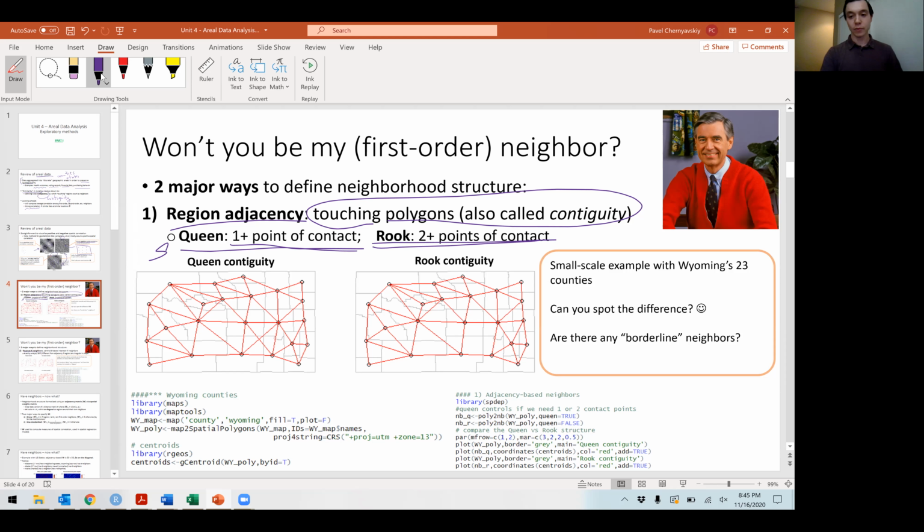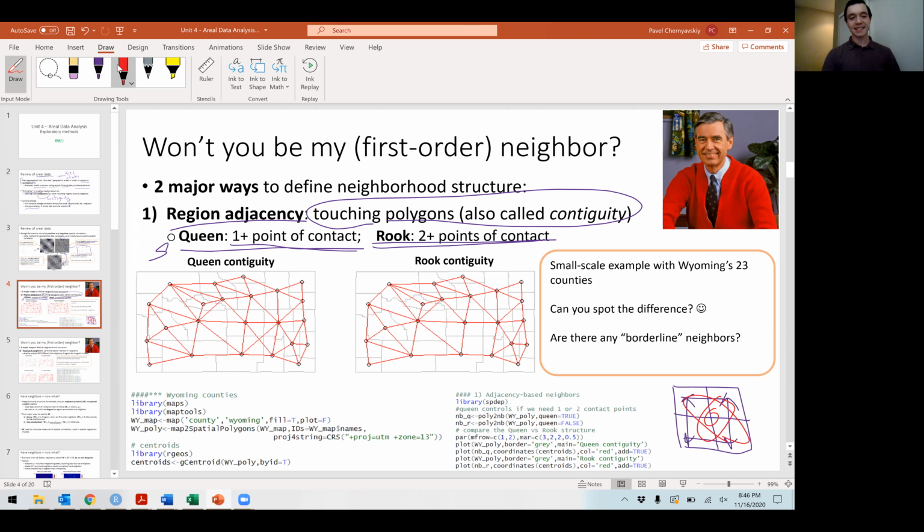Where that comes into play is if you have a relatively silly case of perfectly square counties, then the rook would allow these two to be neighbors, these two to be neighbors, these to be neighbors, and these to be neighbors, but would not allow for the cross neighborhoods, because there's exactly one point of contact right here in the middle, where my stylus refuses to behave.